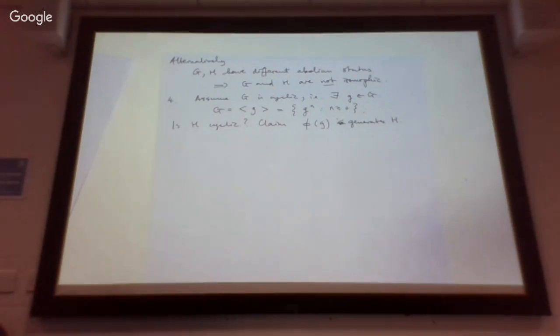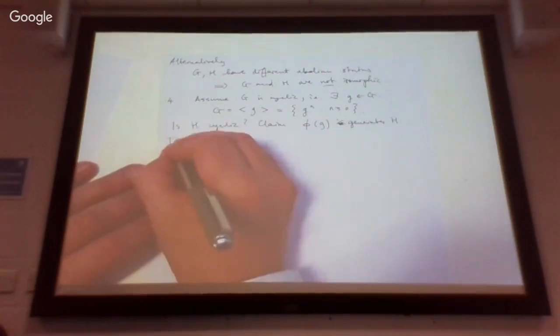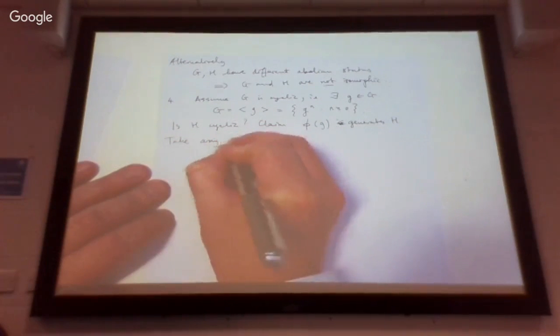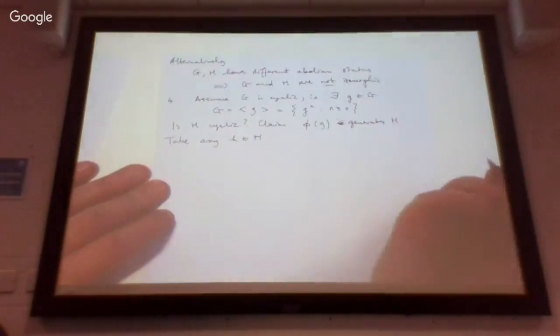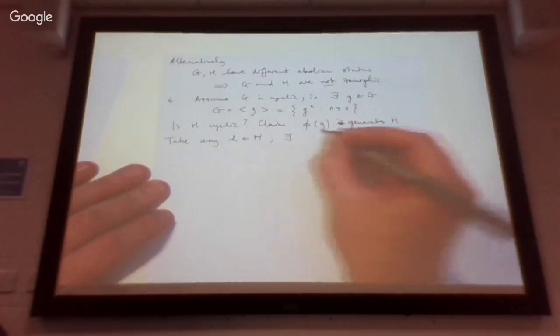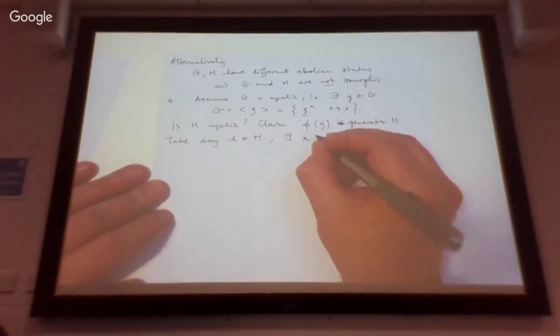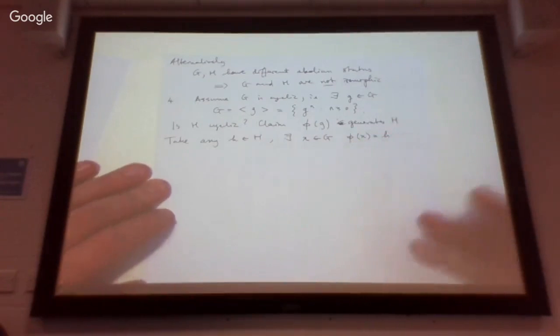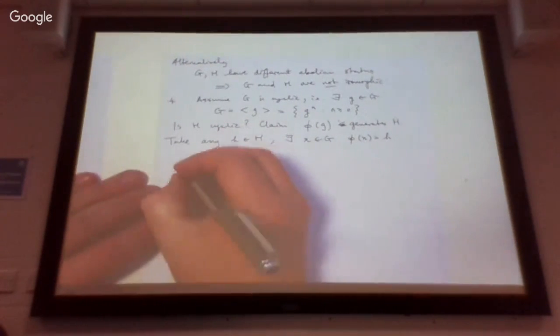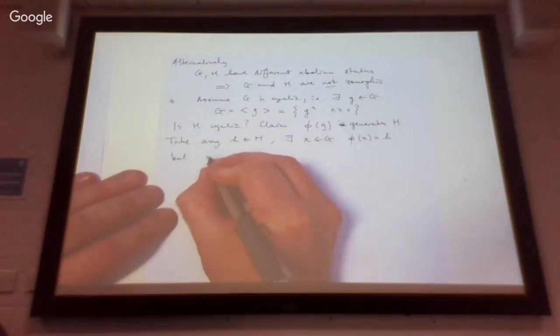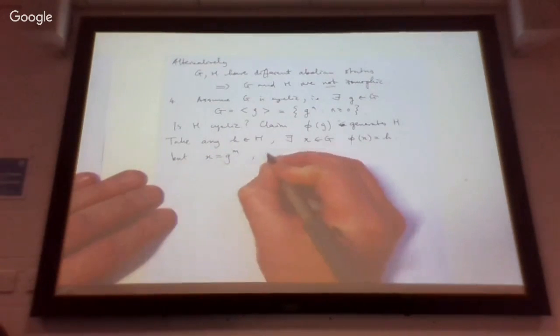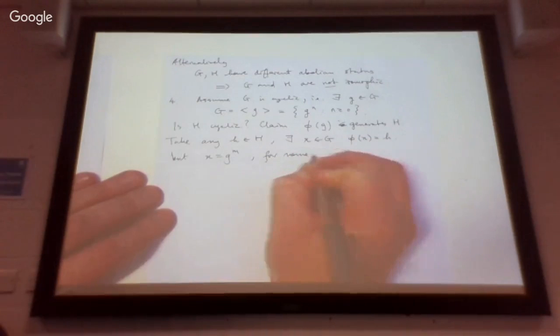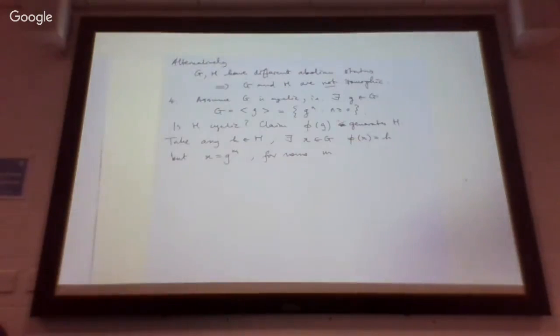How do we look at this? So we take any element h from H at all, pull it back into G. So there exists an x in G such that phi of x equals h. But x is equal to some power of g, because G is cyclic.